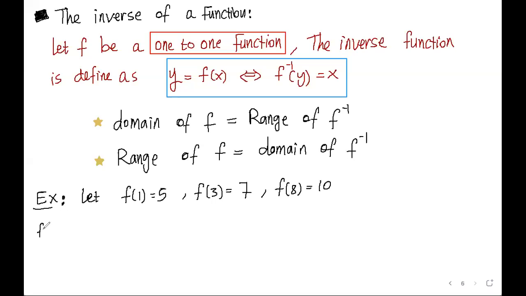Find f inverse of 5, f inverse of 7, and f inverse of 10. Who will do the first one, second one, third one? By using this definition: y equal f of x, f inverse of y equal x.